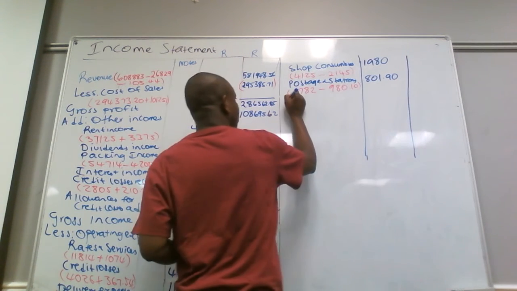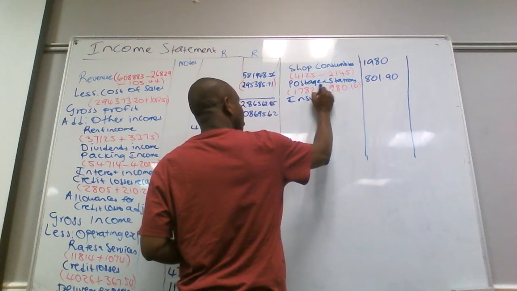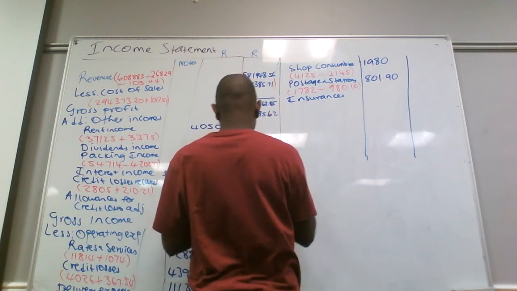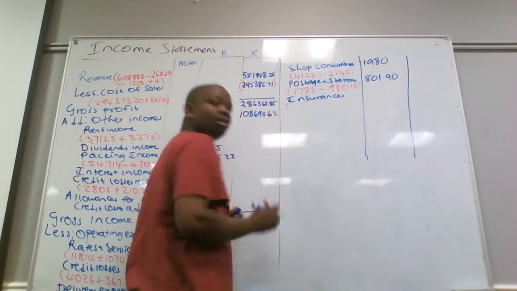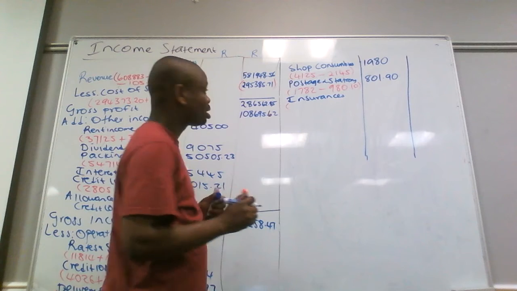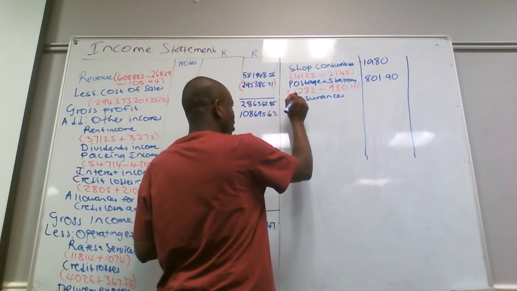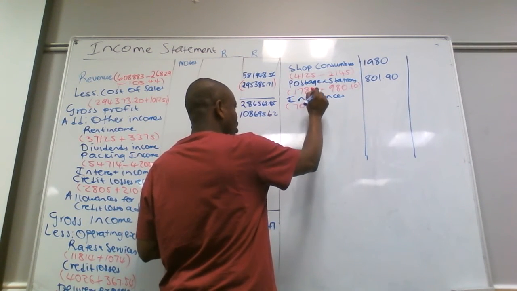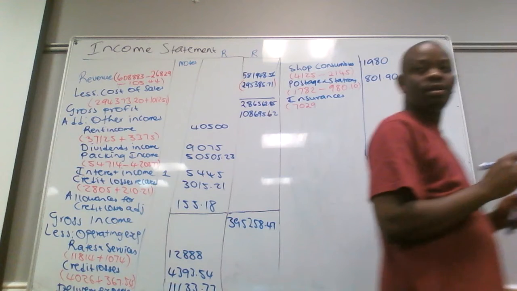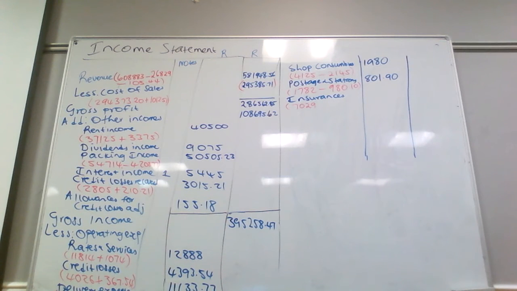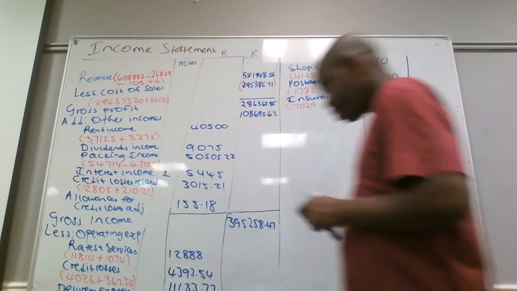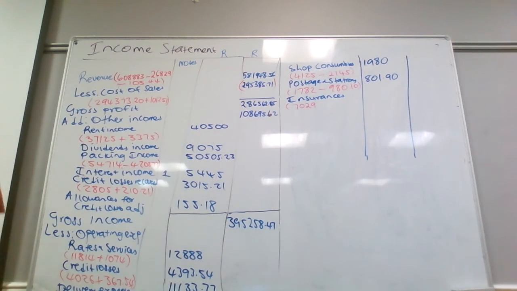Insurance. Any adjustment? Give me the balance first, please. 7,029. Please avoid being behind, otherwise you'll be catching up the whole time. What are they saying about insurance? Prepaid.